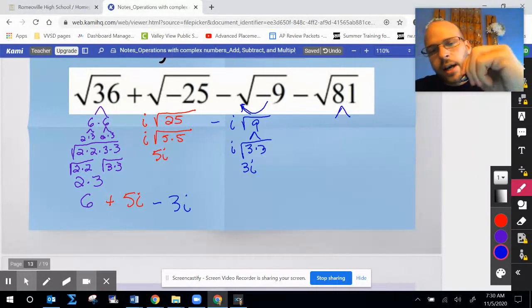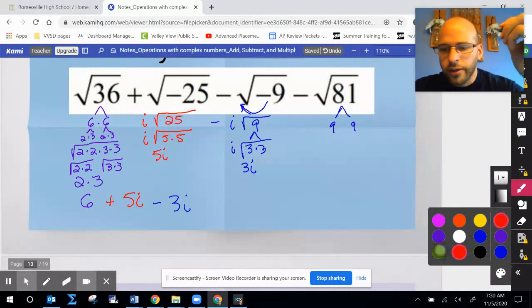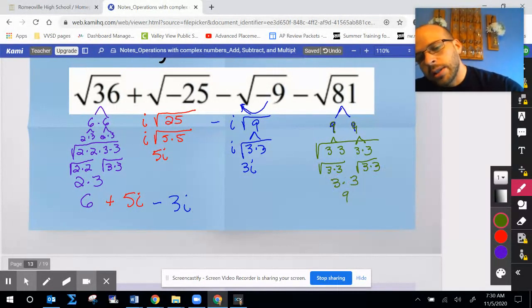And if I break down 81, it's 9 times 9. I can break the 9s down into 3 and 3. I'm going to break those apart, which gives me 3 times 3, or in this case, 9. So I have minus 9.